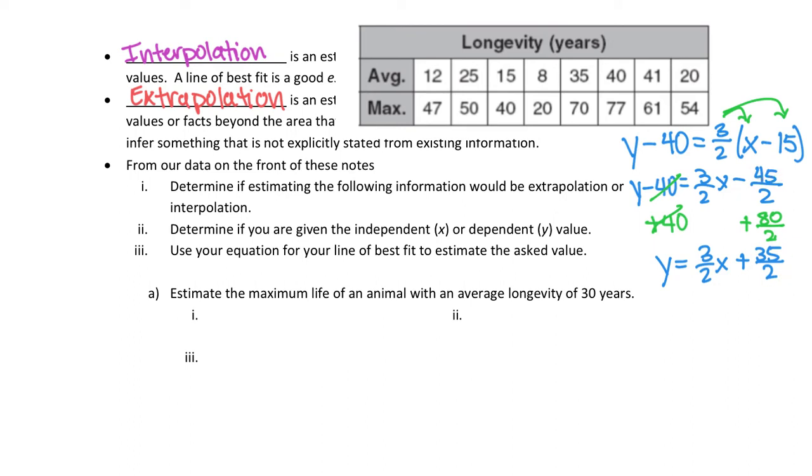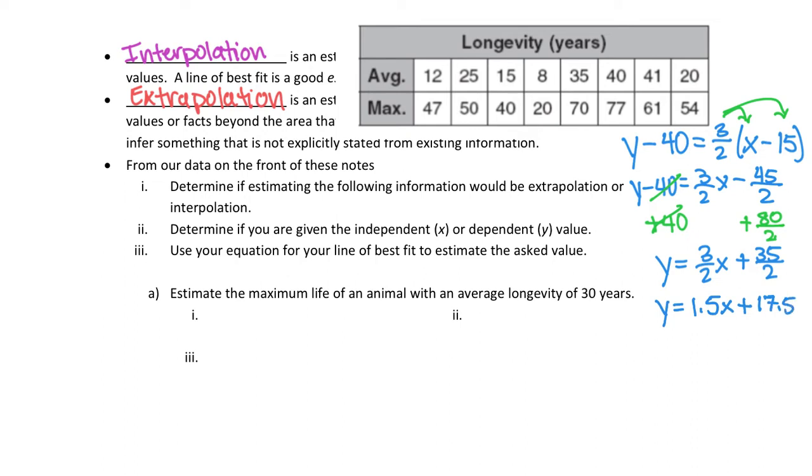So negative 45 plus 80 gave me that 35 halves. Because nobody really likes working with fractions, let's convert this to decimals. Normally if you're graphing, you're never going to convert this to a decimal, but because we're going to be doing calculations with it, it will be a lot easier if we have decimals. So this will be 17.5, so 35 divided by 2.